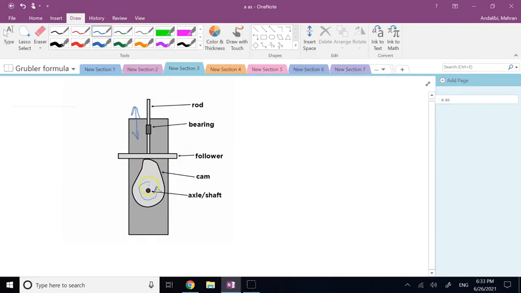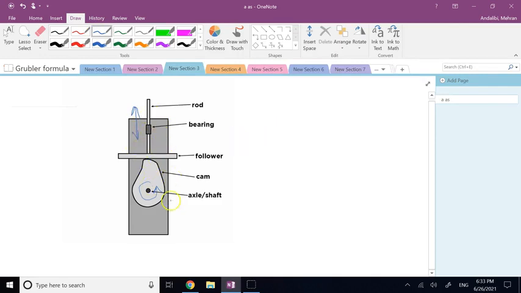And this cam here is mounted on a shaft. We call it the camshaft, and the camshaft is driven also by the crankshaft. So this is the mechanism for opening and closing the valves inside the engine. And now if you look at the degrees of freedom, again, I have two members that can move.